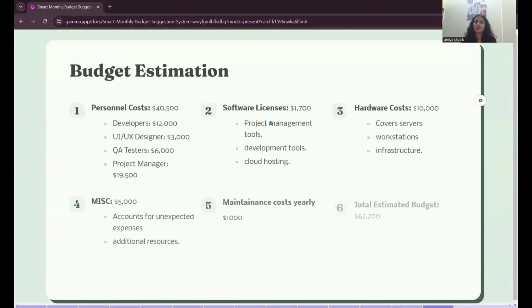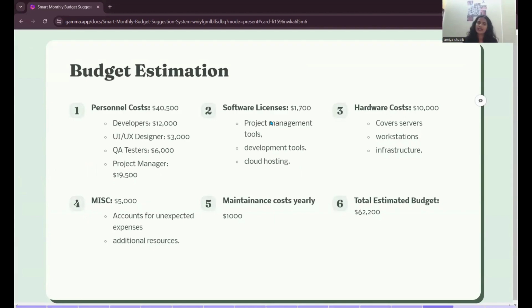So moving on to the budget estimation. Personnel costs include developers, UI UX designers, QA testers, and project managers. All of them are summed up to $40,500. Software licenses are mainly because we would need cloud, and just in case you're trying to build software for this particular system, we would need a license to give it to the public.